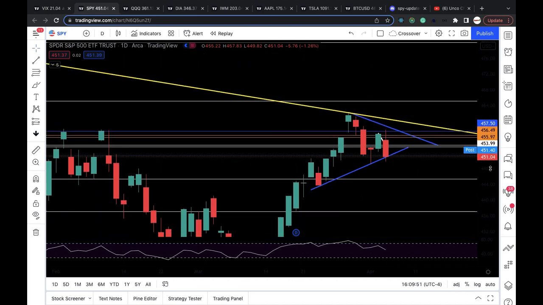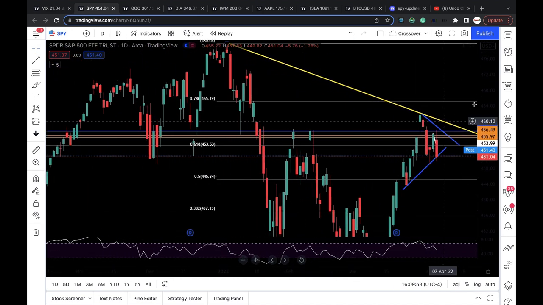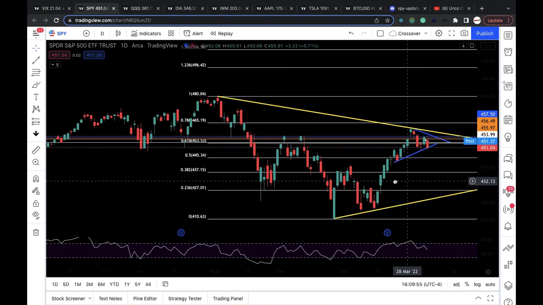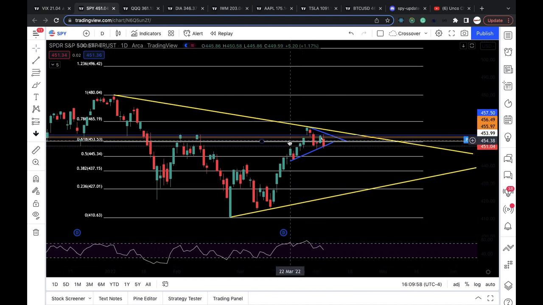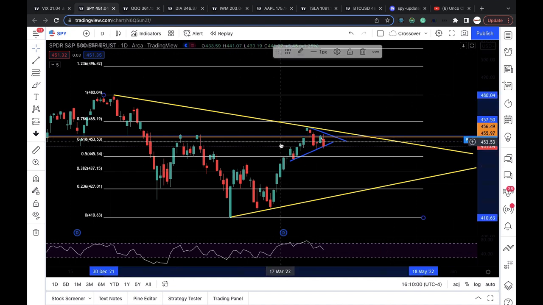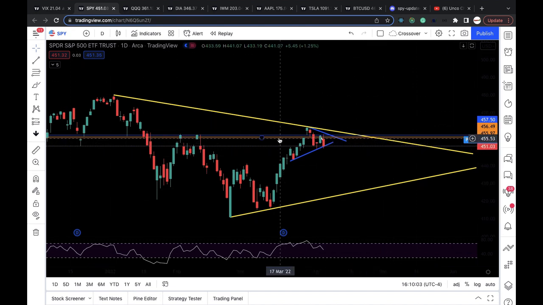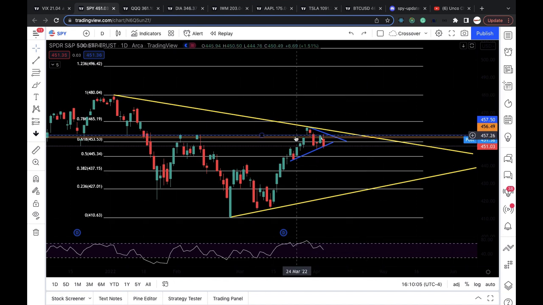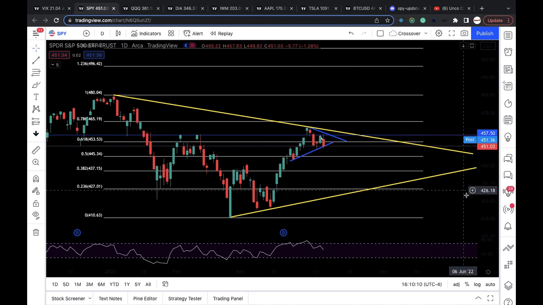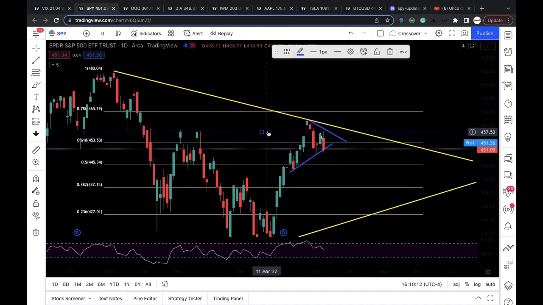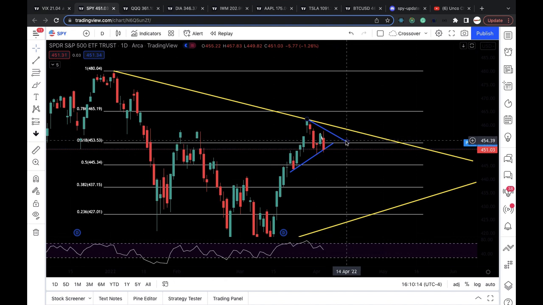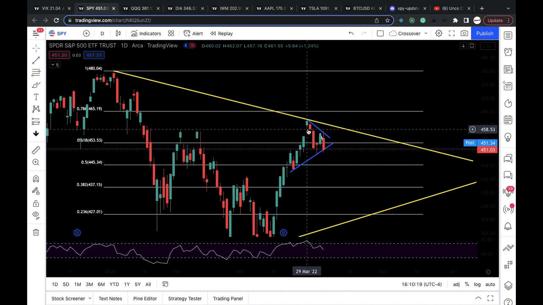All right, but here is the daily chart of the SPY. Now there's a couple things I'm looking at. These blue lines right here, I was watching for a triangle pattern, connecting the March 29 high to the March 30 high, and now today, April 5th high.